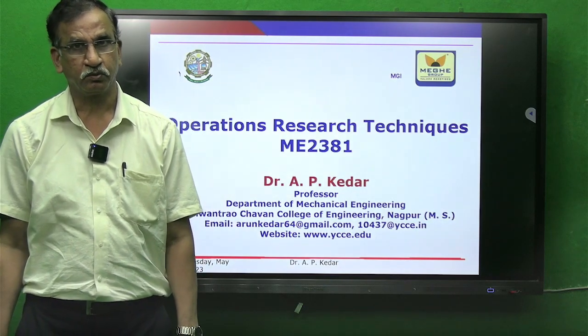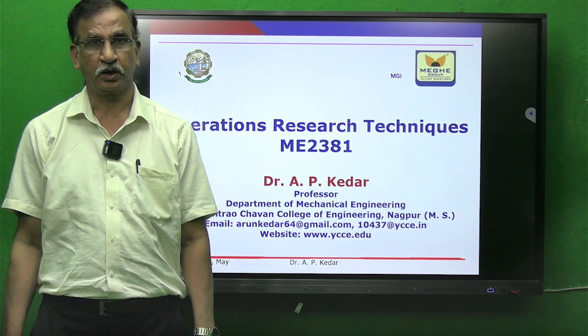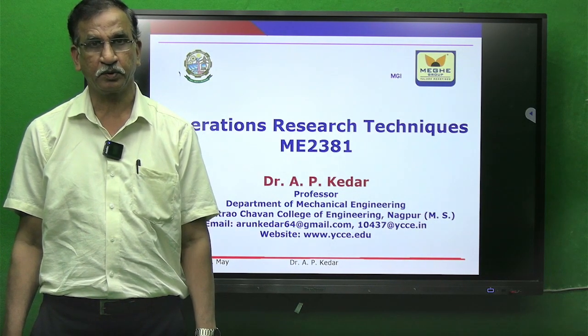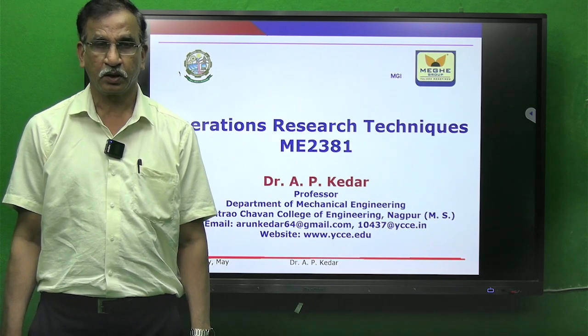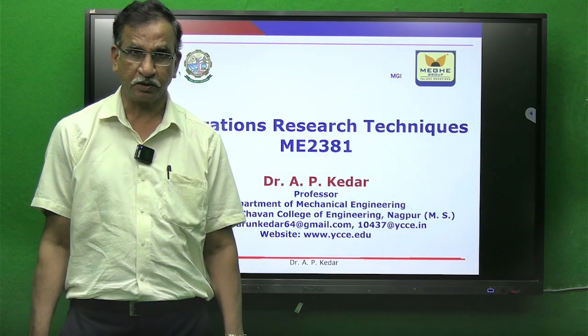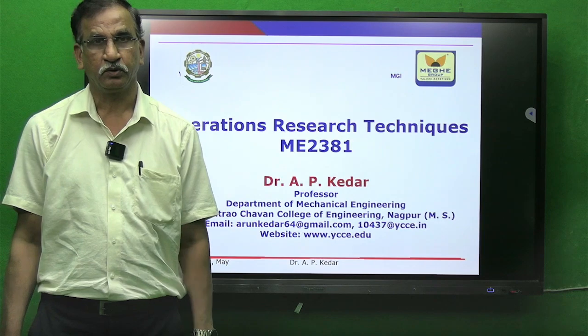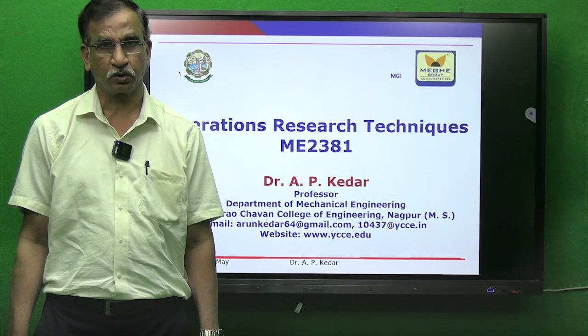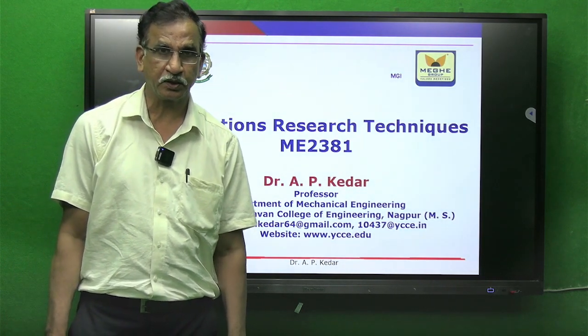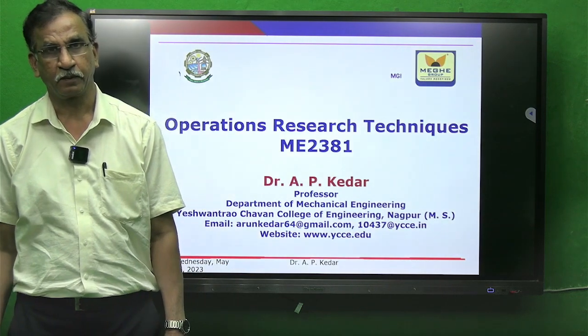Students, we are now in Unit 2 and we are on the verge of completing it. Earlier in Unit 2, we have seen assignment models, and right now we are solving problems pertaining to the transportation model.